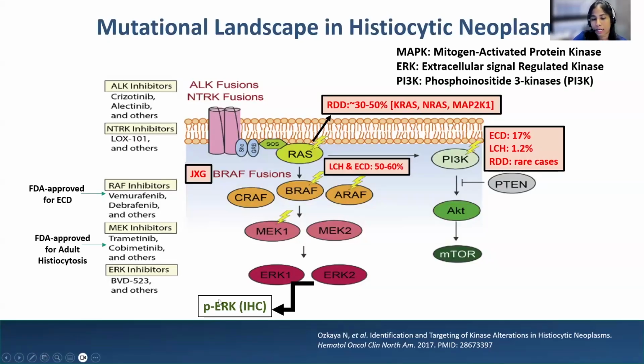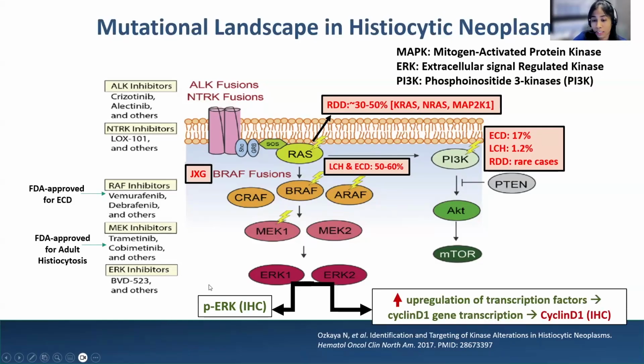So pERK is an IHC that we can employ in evaluating these histiocytic lesions, and sustained pERK activation leads to upregulation of transcription factors, which in turn causes cyclin D1 gene transcription, resulting in overexpression of the cyclin D1 protein, something that we can apply for diagnosing histiocytic neoplasms as well as distinguishing true neoplastic entities from reactive histiocytic proliferations.